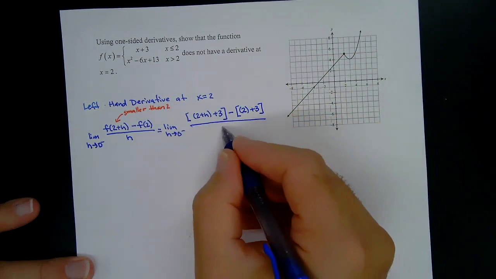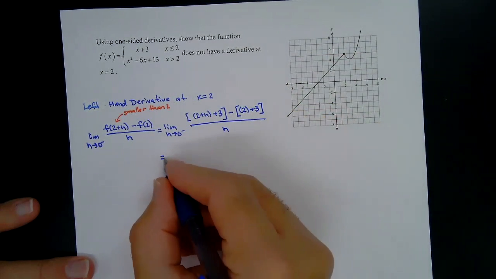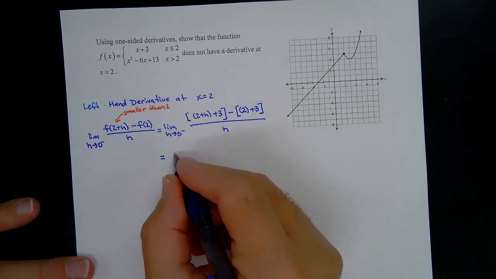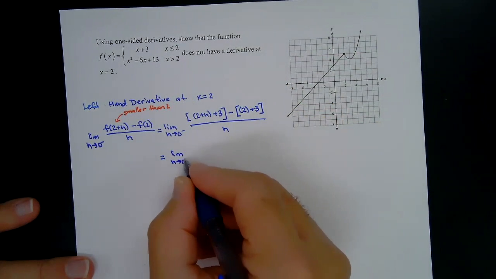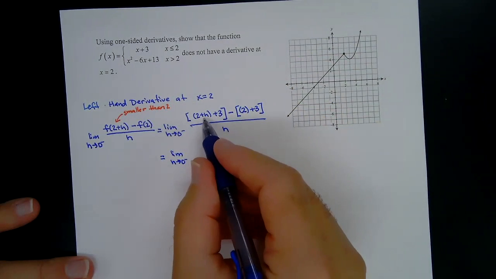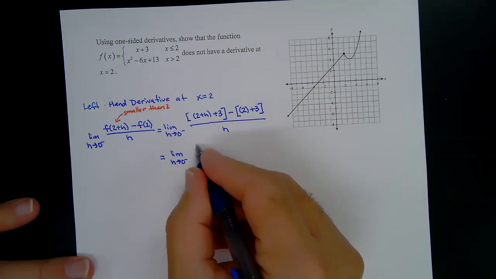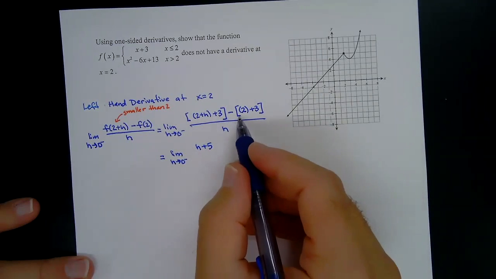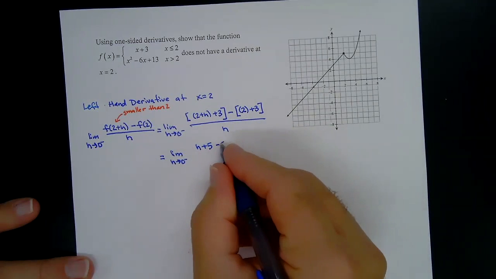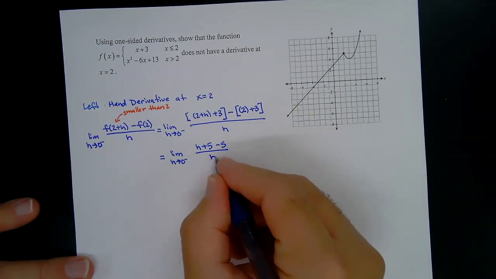All over h. So this becomes the limit as h approaches 0 from the left of 2 plus h plus 3, or 5 plus h, either way, minus 5, over h.